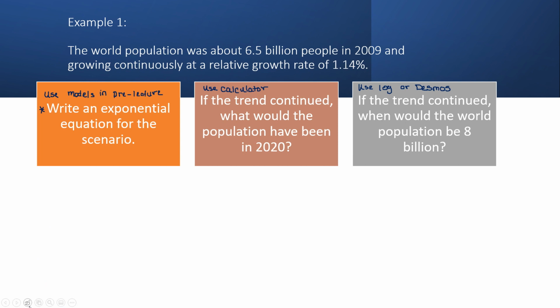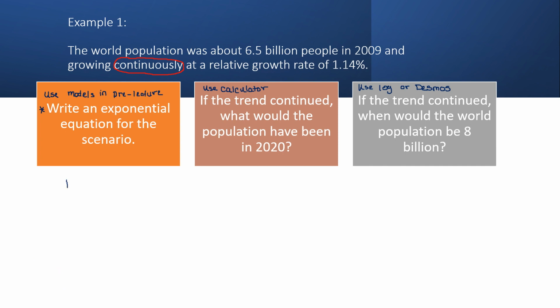And so it says the world population was about 6.5 billion in 2009. And if that was growing continuously at a relative growth rate of 1.14%. So keyword here is continuously. And because it is continuously, that is the word that tells me to use the exponential model from my notes.